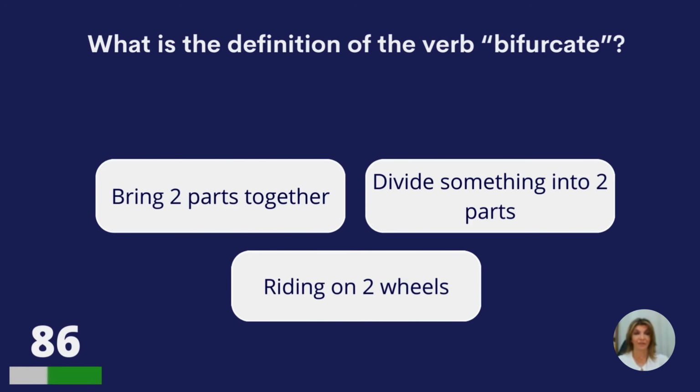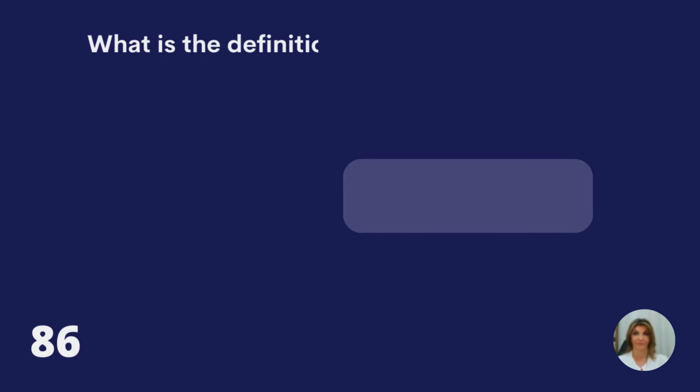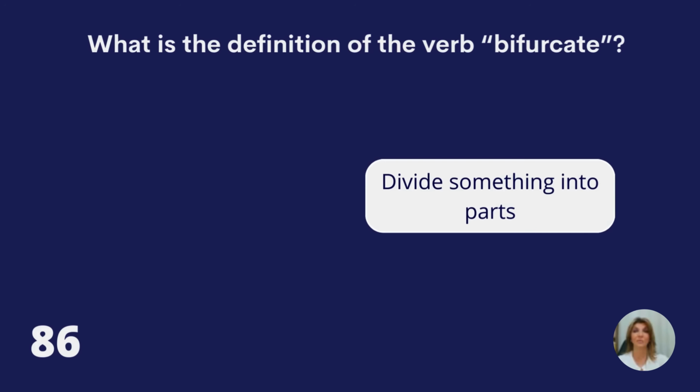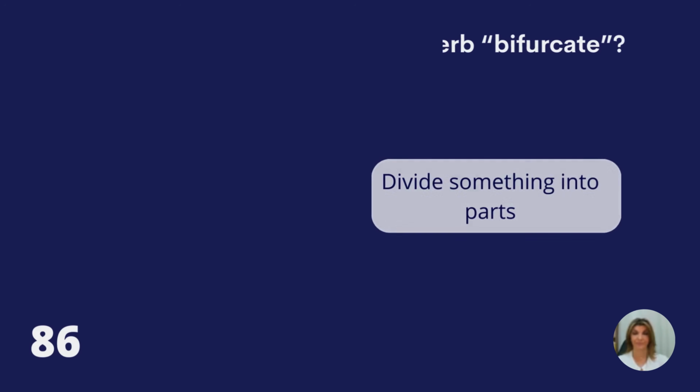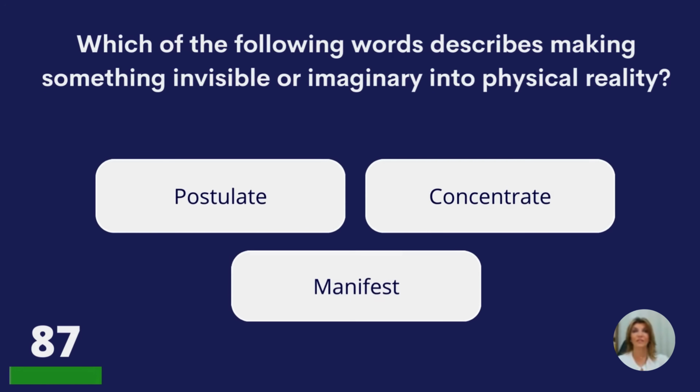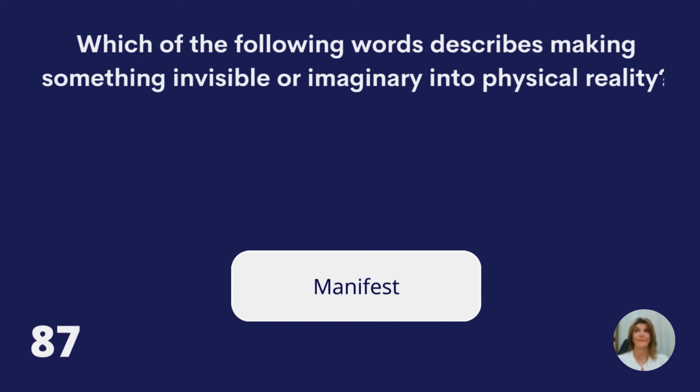Bring two parts together, divide something into two parts, or riding on two wheels? Divide something into parts. Which of the following words describes making something invisible or imaginary into physical reality? Postulate, concentrate, or manifest? Manifest.